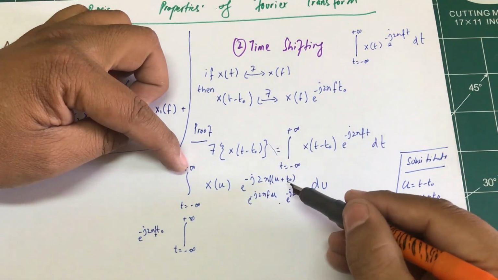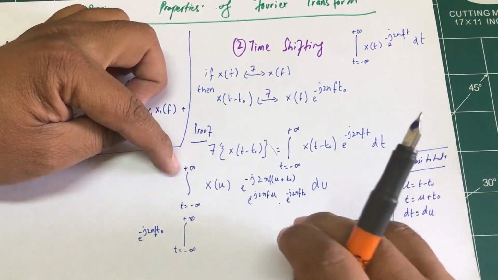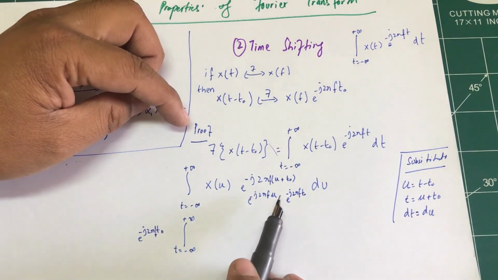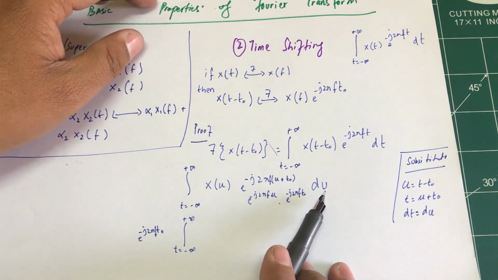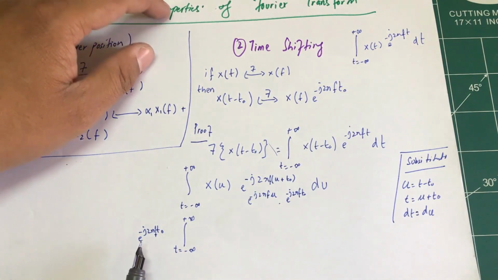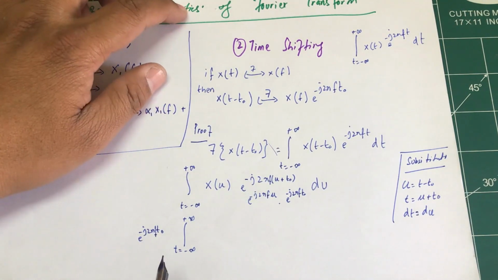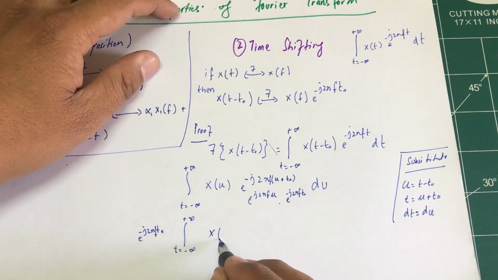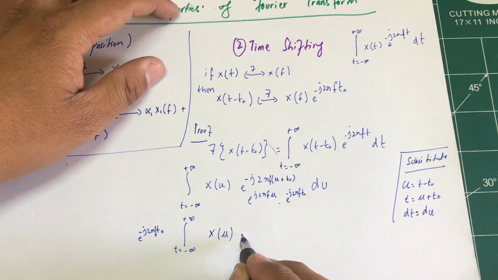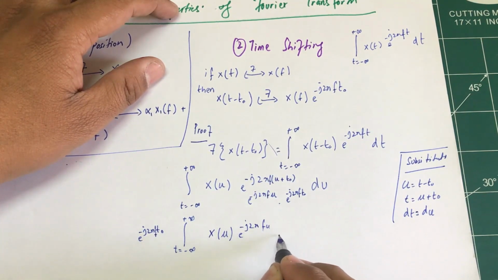I'm sorry, I forgot to put an f. Since the variable that I'm integrating is u, t naught is nothing but a constant, so I've taken that out. I'll end up only with x of u e to the negative j 2 pi f u du.